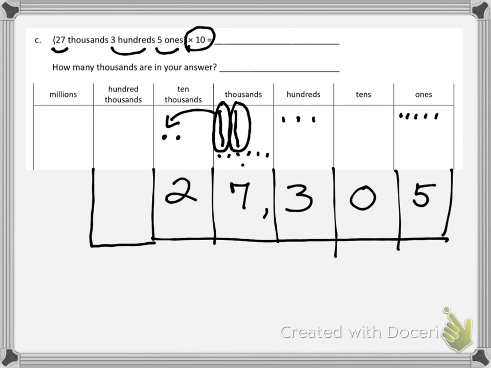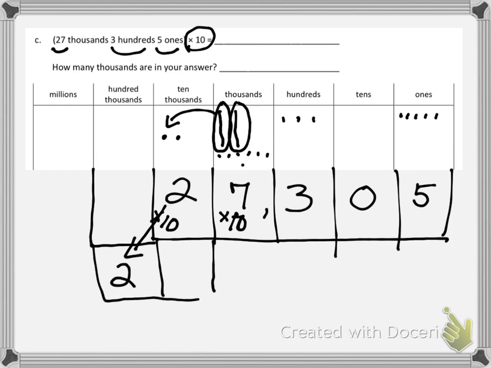So now if we go back and we work on that great pattern that we have created here, and if we're going to multiply by 10, everything's going to get shifted over to the left, to the column next to it. So multiply this by 10, and this is going to go into the hundred thousands. Multiply this by 10, and we're going into the 10,000s.